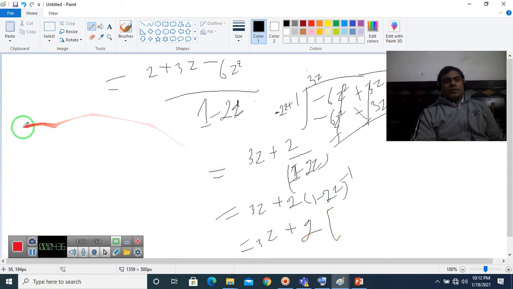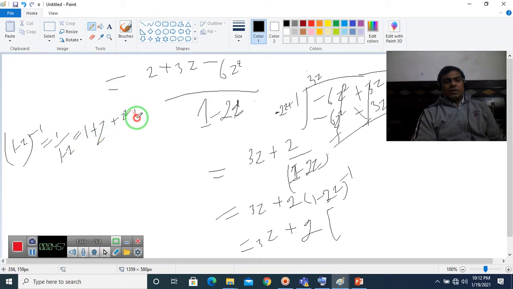We know that the expansion of the series (1 minus z) to the power minus 1 is a geometric progression: 1 plus z plus z square plus z cube plus dot dot dot z to the power r to infinity.